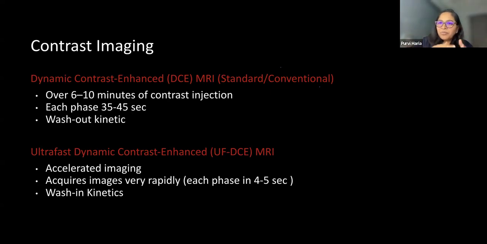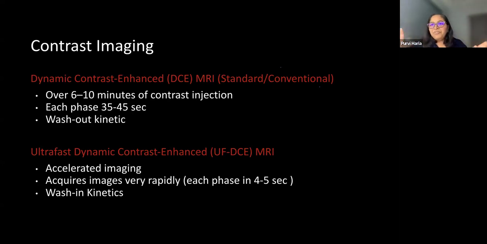Then a subtracted set of images, again 4 or 5 sets, is generated from these contrast enhanced sequences. Most everybody uses these subtracted images to interpret the result.